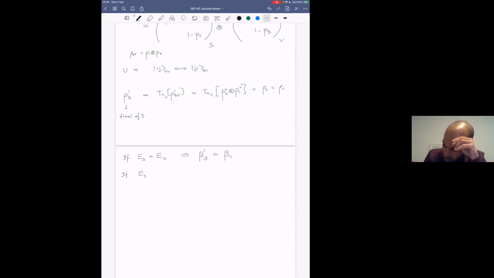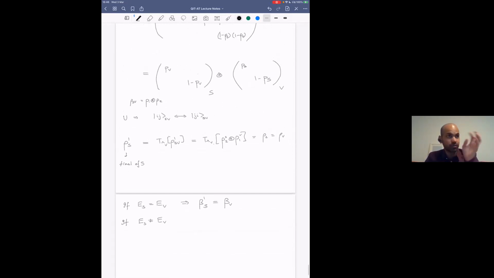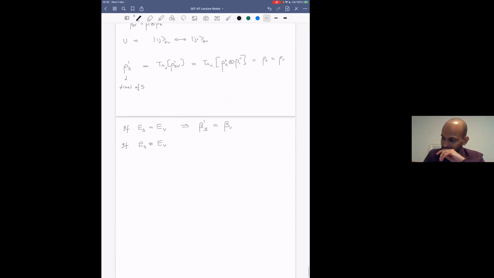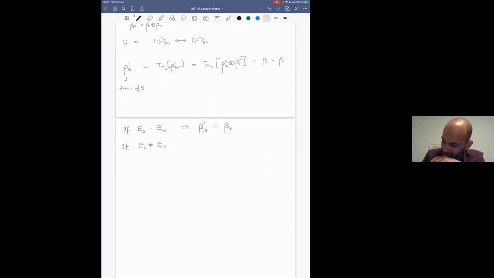But if ES is not equal to EV, then we have something tricky, because what we have flipped is the states. So what we have switched are the populations in the various energy eigenstates. But remember that the virtual temperature depends on more than just the populations of the state. It also depends on the energy difference.